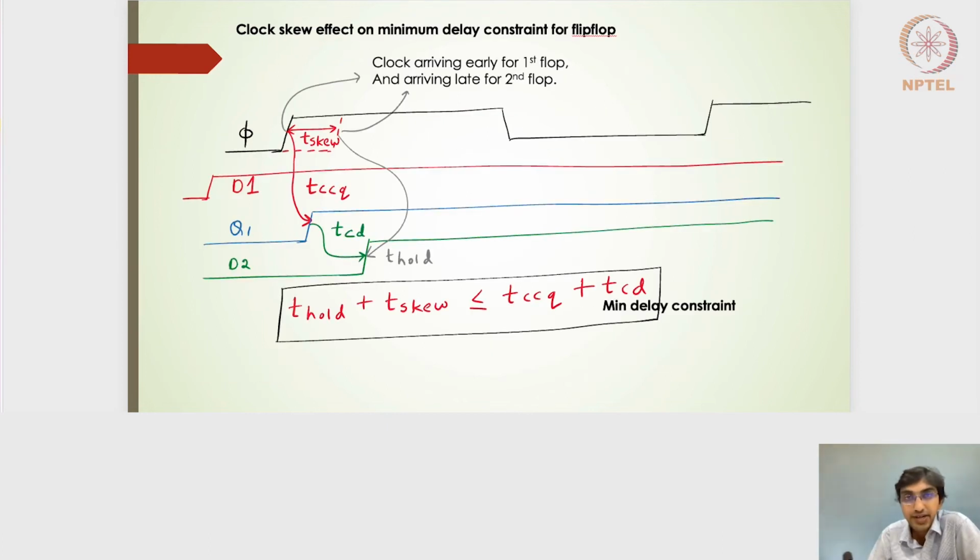Now let's see how the clock skewing effect will impact the minimum delay constraints. Right. So for the minimum delay constraints, because we don't know the placements of the flops, let's say I'm going to draw flop 1, and then we have the combinatorial circuit, and then we have flop number 2.